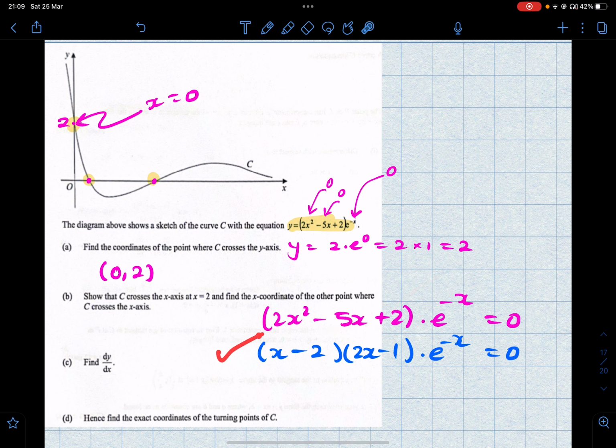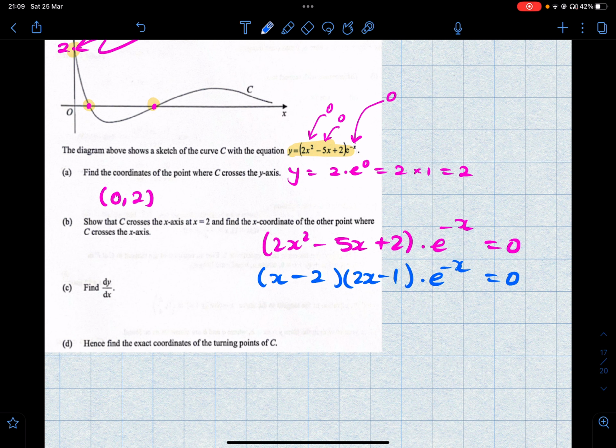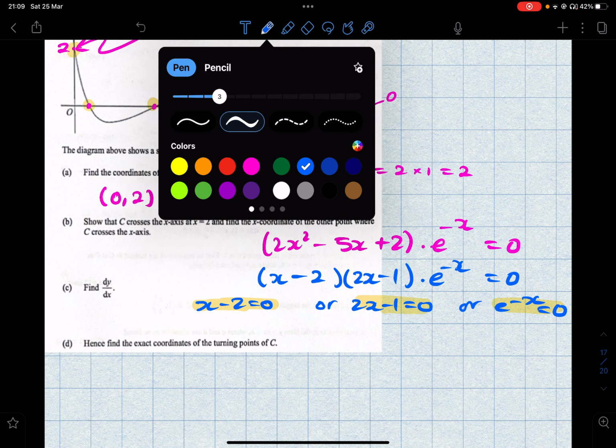So that's correctly factorized. Now when you have three things that are multiplied to give you 0, then you can be certain that one of them has to be 0. Either x minus 2 is 0, or 2x minus 1 is 0, or e to the minus x is 0. So we need to solve each of these to find the points where the curve touches the axis.